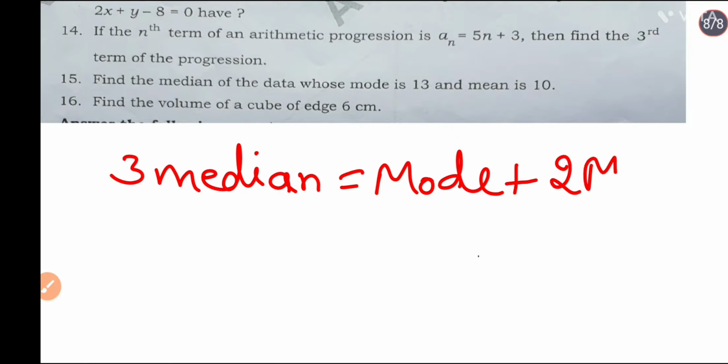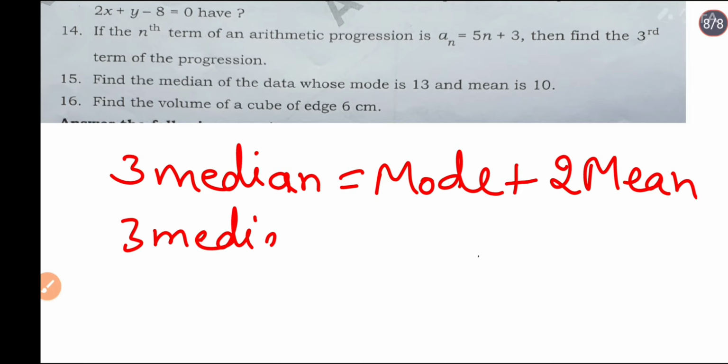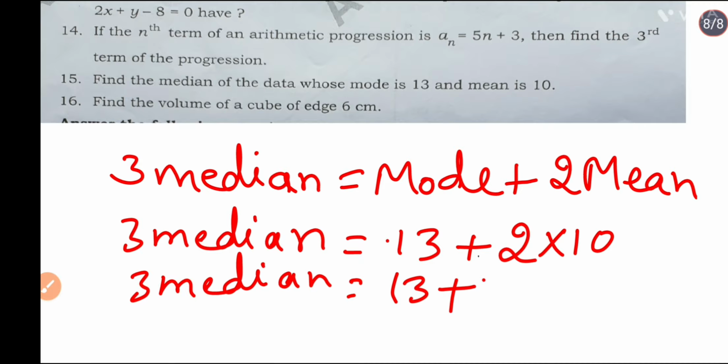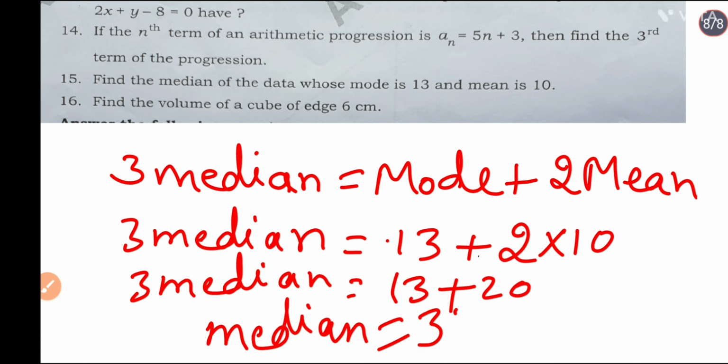So 3 median equals the mode, which is given as 13, plus 2 times the mean, which is given as 10. So 3 median equals 13 plus 20, that is 33. Median equals 33 by 3, which is 11.